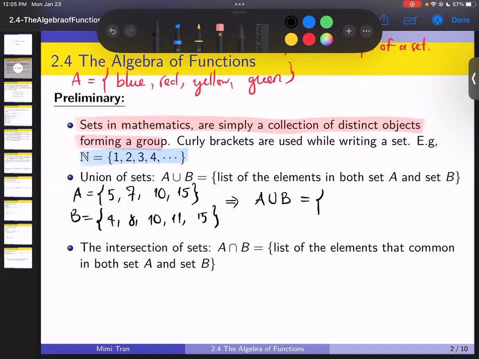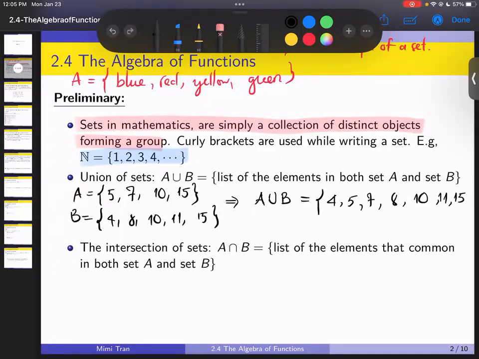Think of it like a joint account. So let me start from smallest to largest. So we have 4, we have 5, right? And then we don't have 6, we have 7, and then we have 8, there's no 9, but we have 10, 11, and 15.